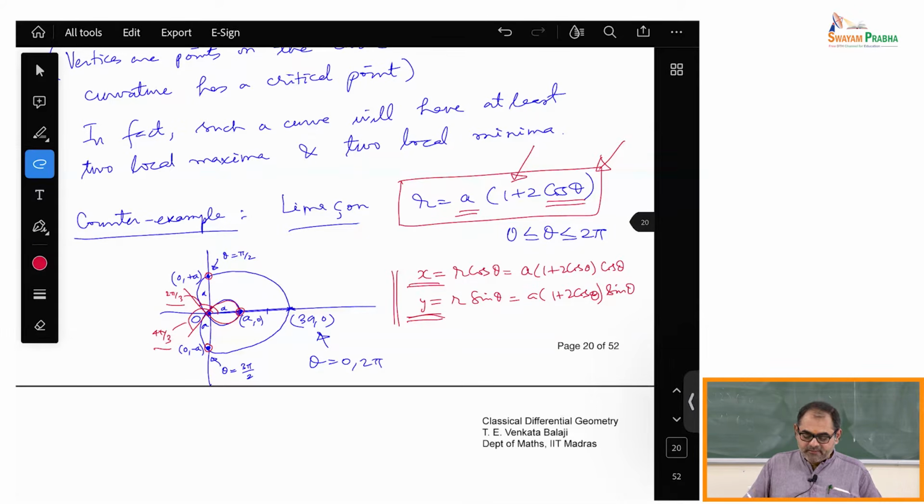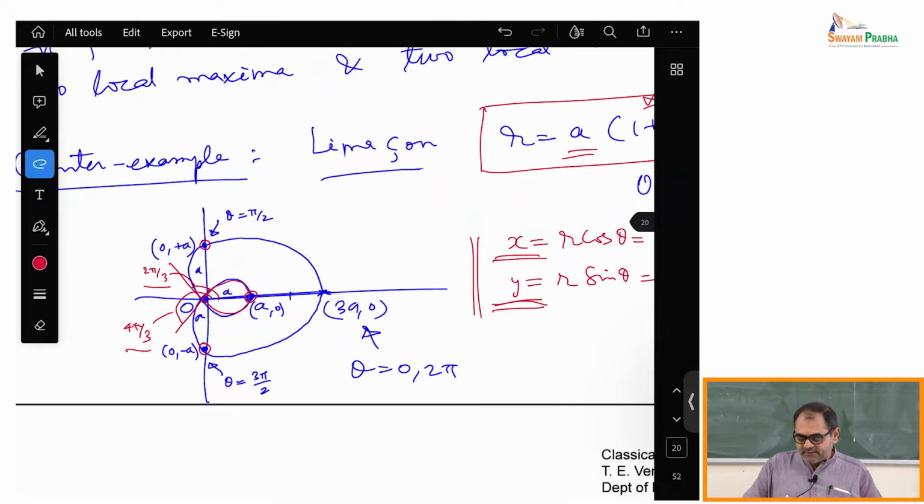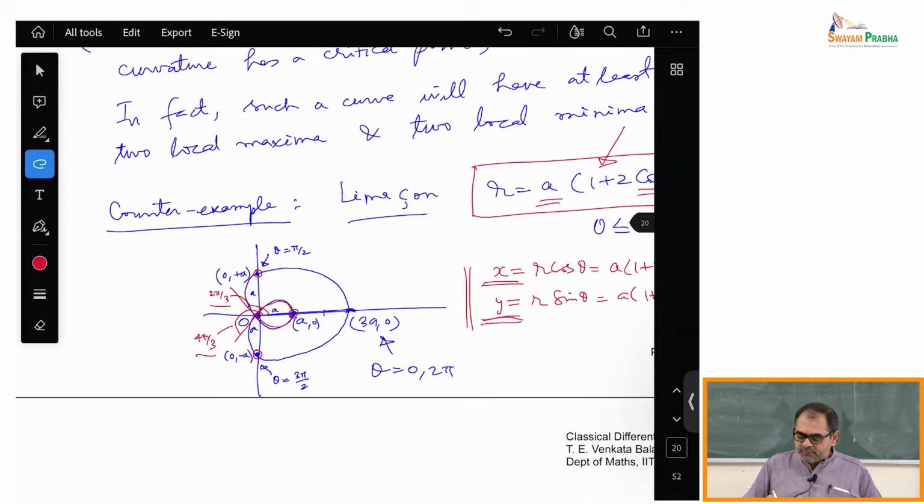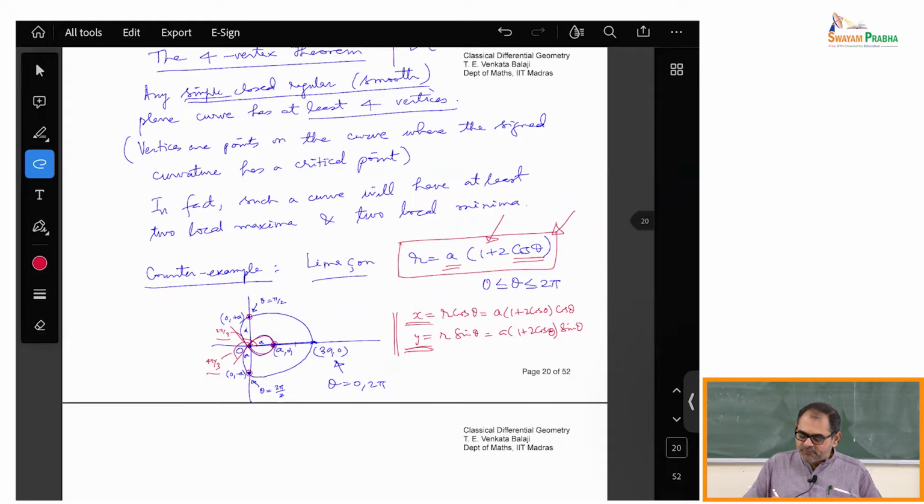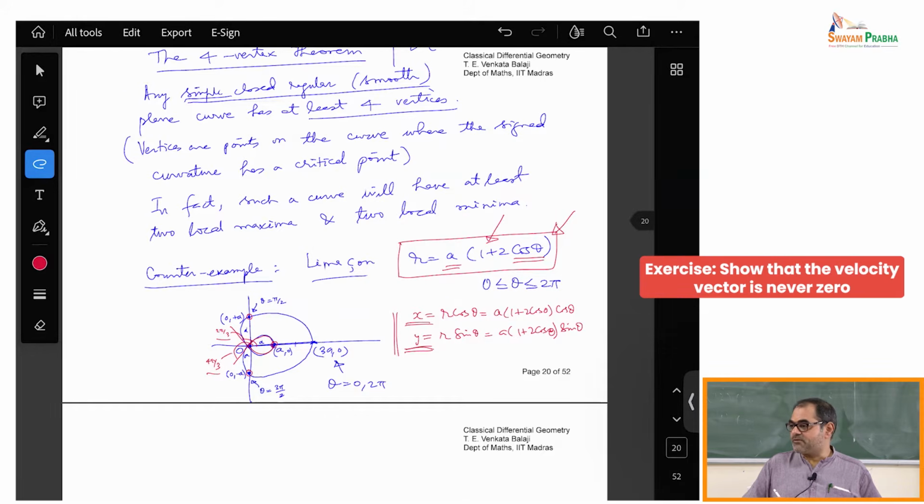Then the other thing is that if you look at this curve, if you calculate dx by d theta and dy by d theta, that is going to be the velocity vector, and you will see that that will never vanish. Therefore it will be a regular curve.